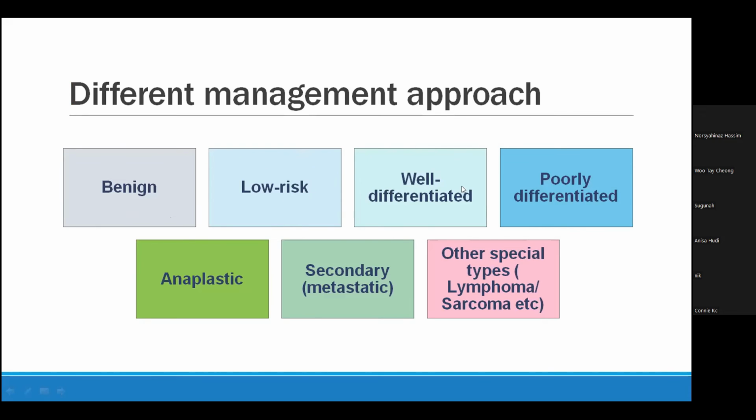Then well differentiated follicular carcinoma, PTC, poorly differentiated, anaplastic, and secondary tumors or other special types like lymphoma or sarcoma, because each of these entities has a different management approach, different risk category, different prognosis. So it is our responsibility to give a correct diagnosis to our clinician and for patients.